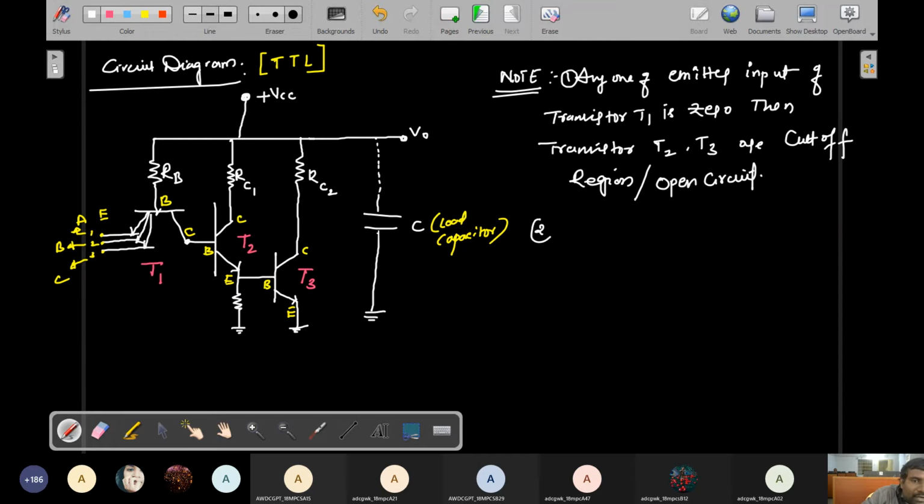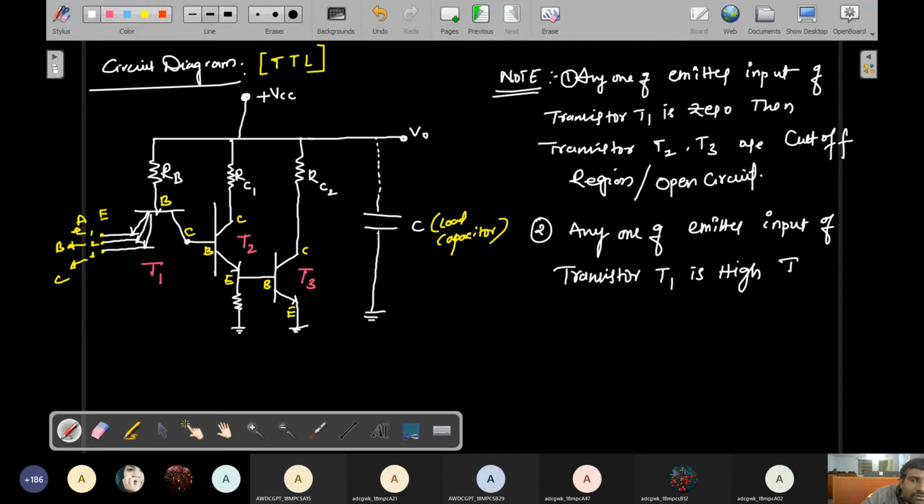And the second point is, if any one emitter input of transistor T1 is high, then transistors T2 and T3 are saturated.